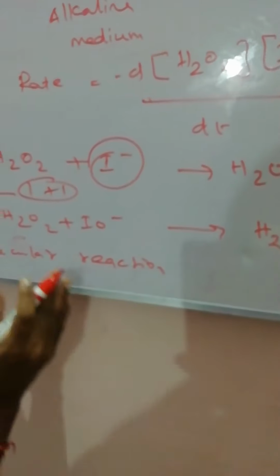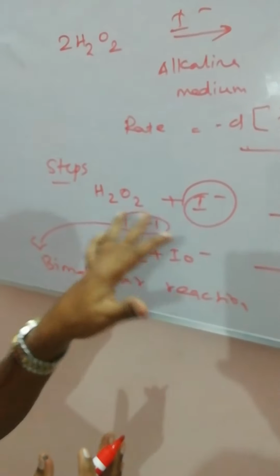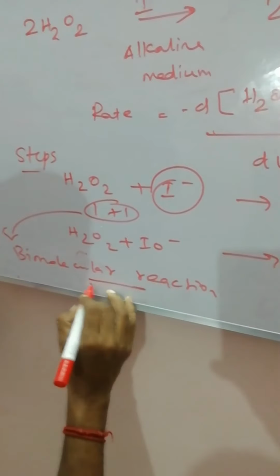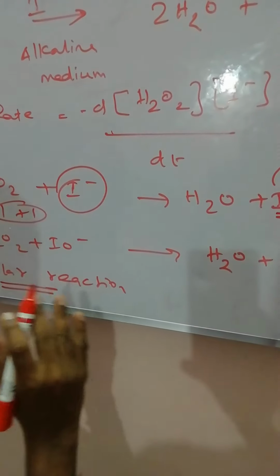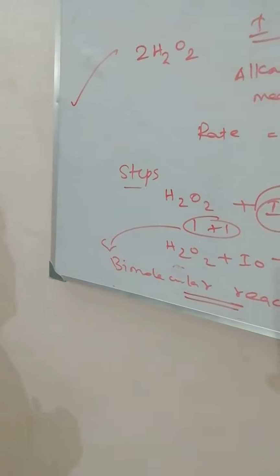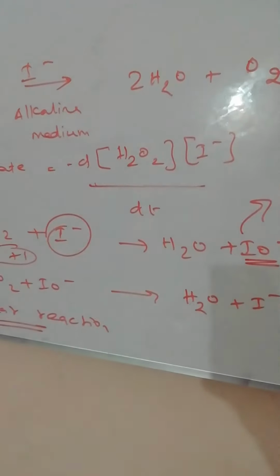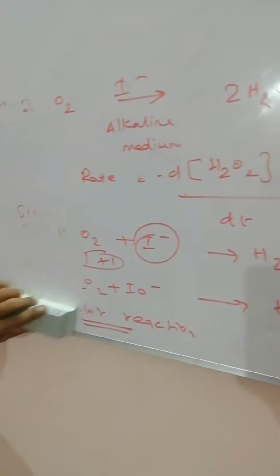Order of the reaction is first. That means the rate of the reaction depends upon the concentration of any one of the reactants to give the product. So bimolecular reaction, this is the intermediate, this is the slowest step, and this is also an example of molecularity. This is the mechanism of how it is formed.